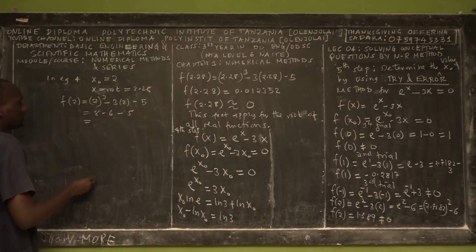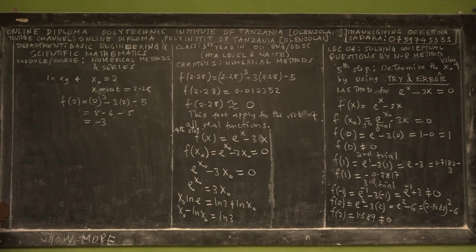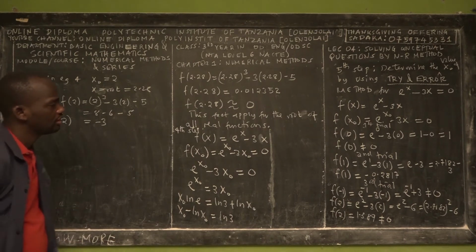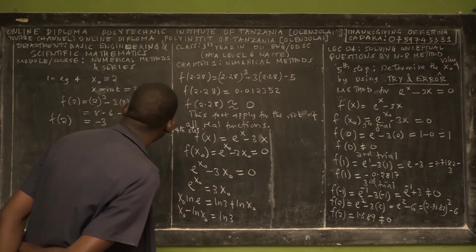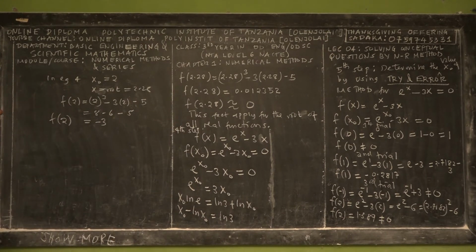So 8 minus 6 is 2. 2 minus 5 is equal to negative 3. Isn't it? Yeah, negative 3. So you see that when you substitute 2, the value is negative 3, but it was the closest value, but it's far, because 2 and 2.28, there's a range of 0.28.